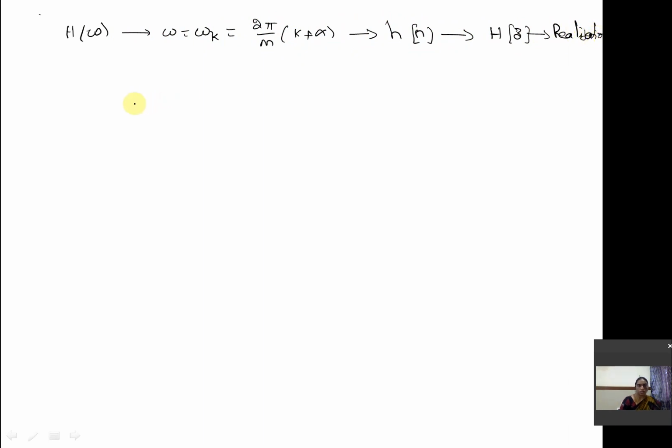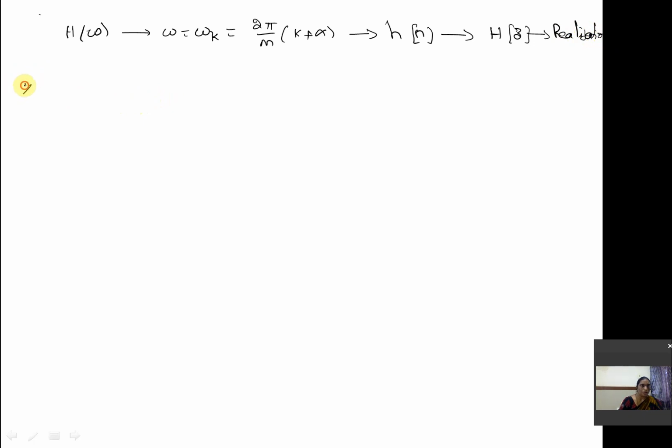H of omega at omega is equal to omega k, which is 2 pi by M into k plus alpha. First determine h of n, from that determine H of z, then realize this structure. Okay, so this is the one here.